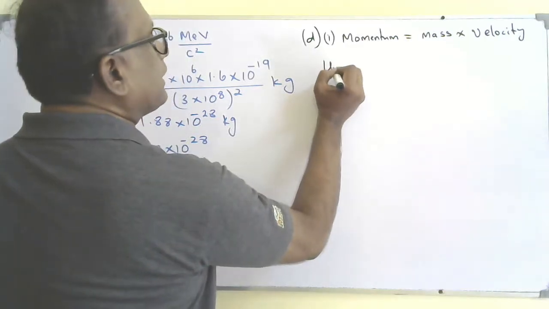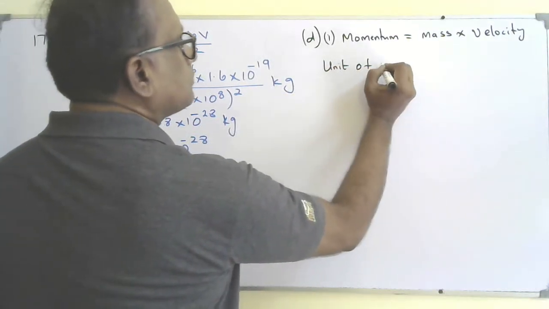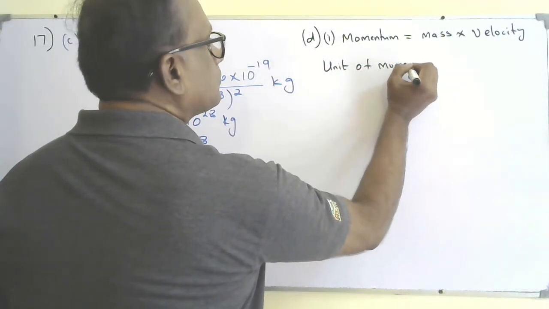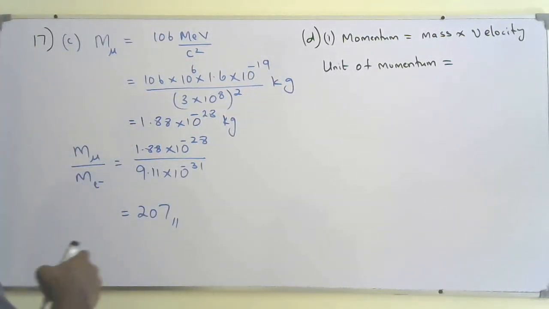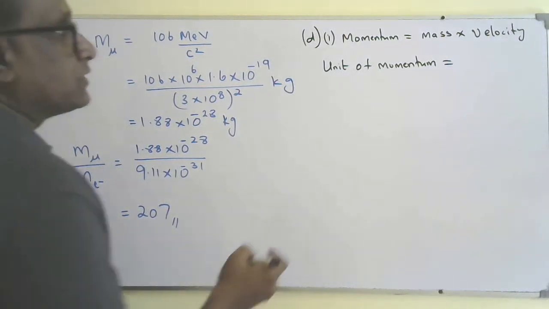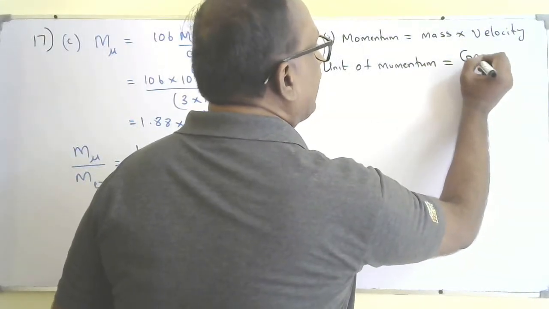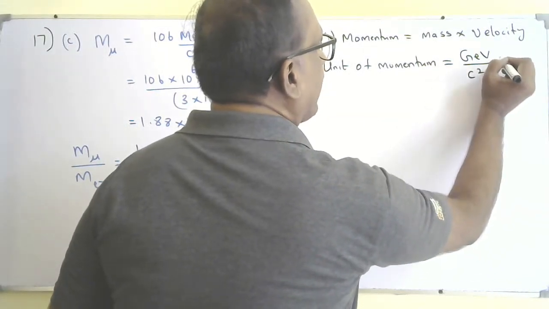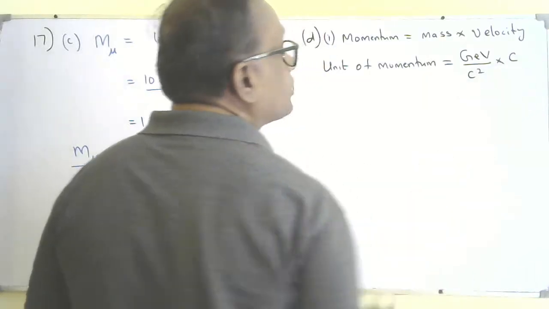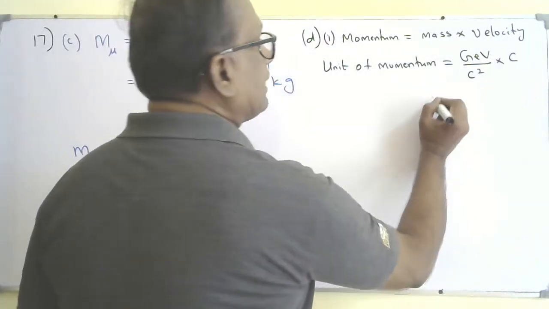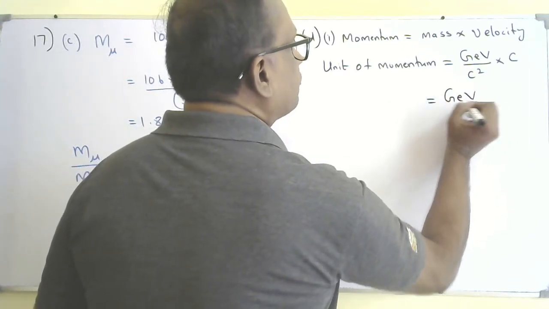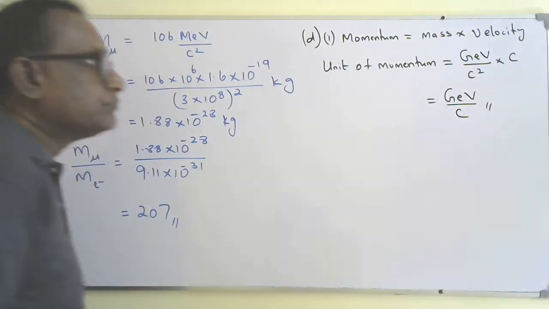So for the unit of momentum, the unit of mass we can give in terms of GeV/c² or MeV/c². In that format we can give it. So that is the unit of mass, GeV/c², and for velocity we can put c, the same unit. c is the notation for the speed of light, so we multiply by c. So GeV/c.